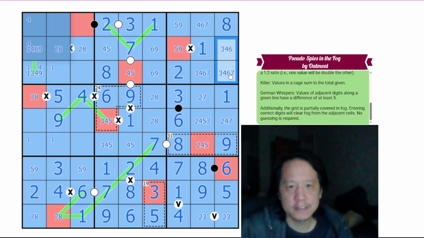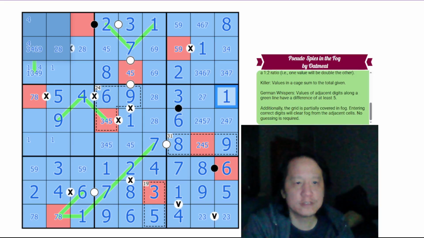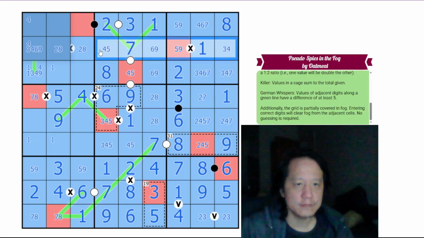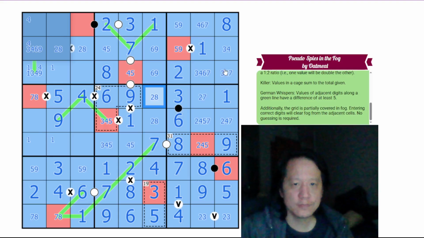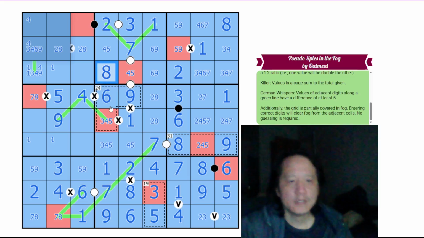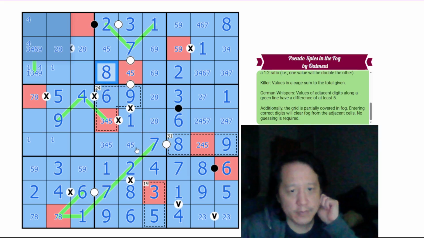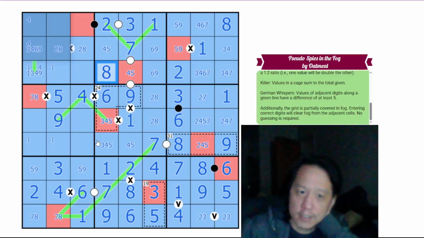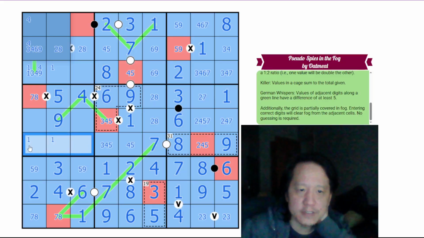Okay. 6 cannot be either of these digits. Remaining digits... So we have... Where is the 6 in row 6?